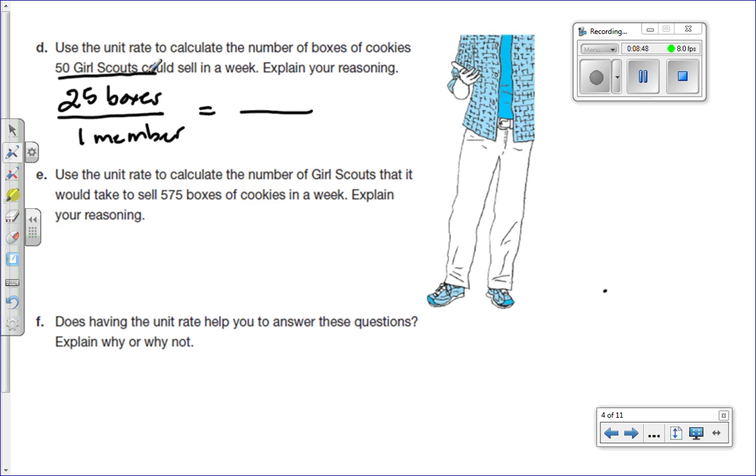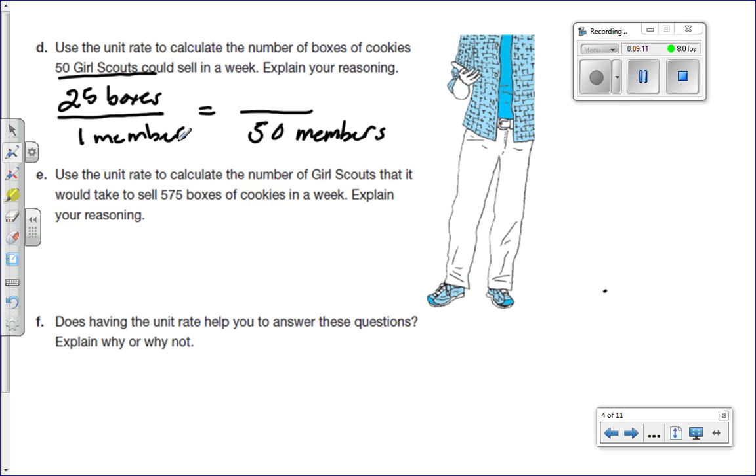So when setting up a proportion, you have to put the units that go together in the same places on your fraction. So because members is in the denominator on this fraction, we would have to put the 50 members on the bottom here.